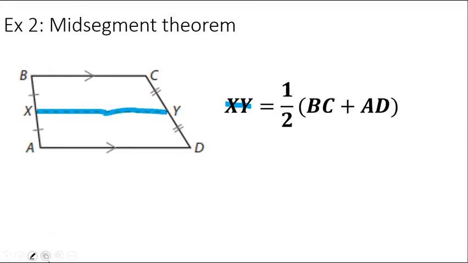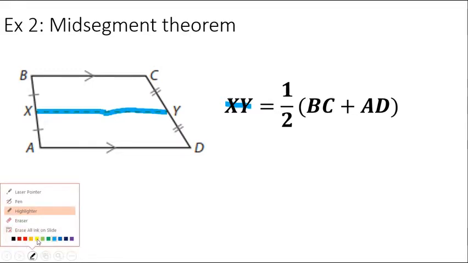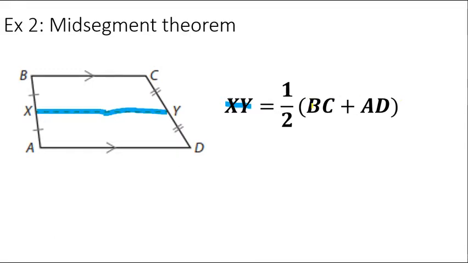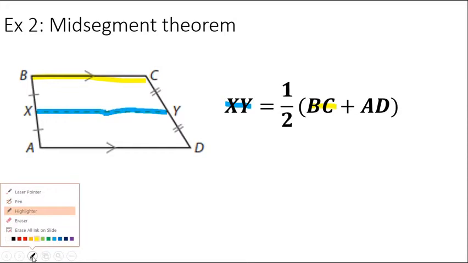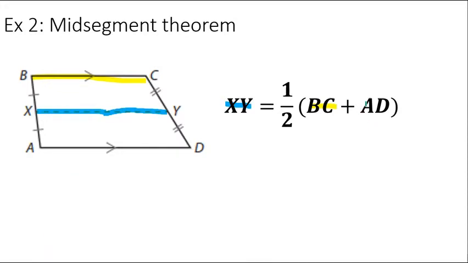So that segment is equal to half of BC plus AD. So remember the AD is right here. So to find the length of XY, all you do is add the length of BC and AD and then divide it by 2.